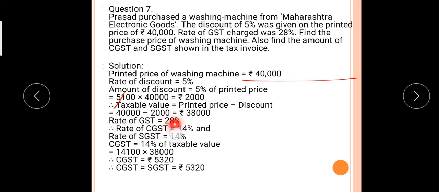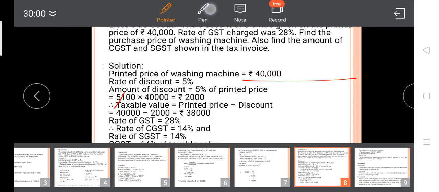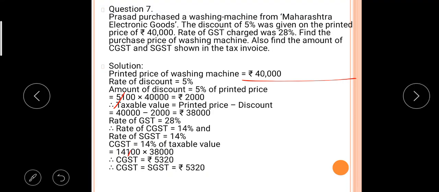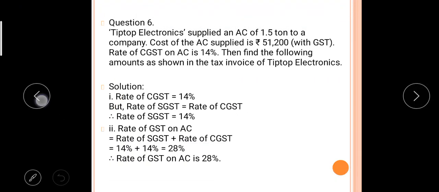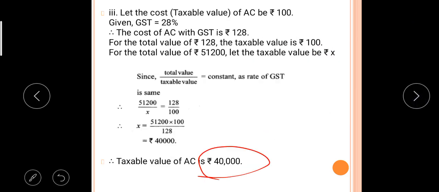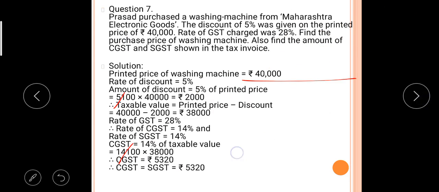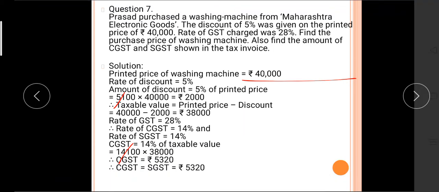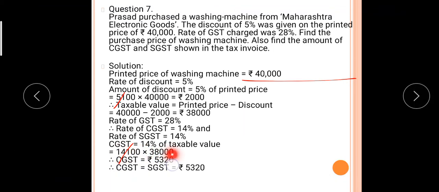Therefore the rate of GST is 28%, and we have to calculate CGST as 14% of the taxable value, that is 14 divided by 100 multiplied by the taxable amount. So you will get CGST equal to SGST equal to 5,320 rupees.